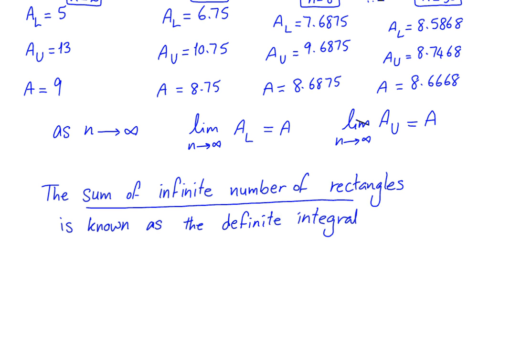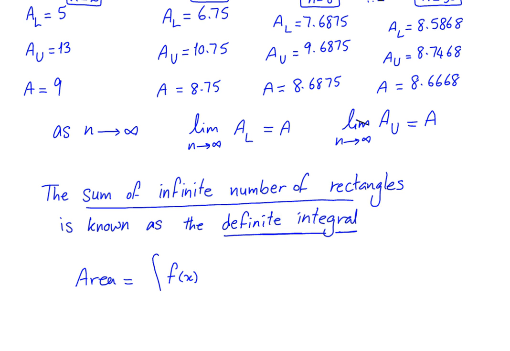The definite integral. So the area under the curve is the definite integral of this function. And it is written as area equals, in our example here, we were finding the definite integral of f of x.